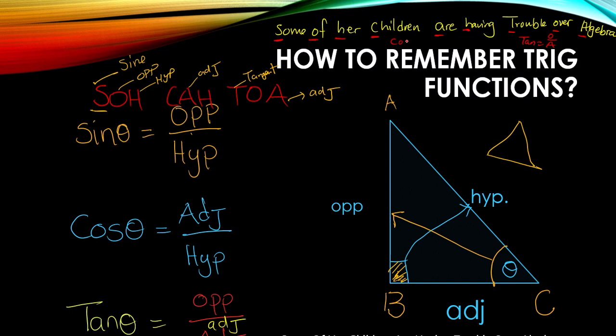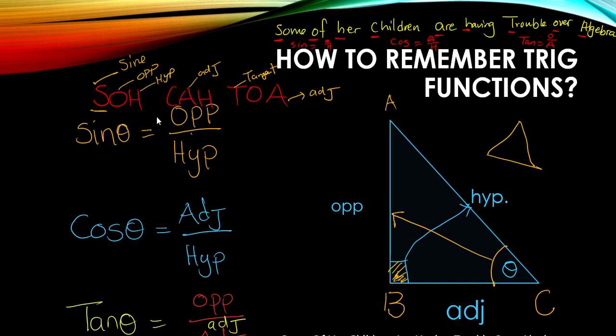Cosine, you just write the word COS, adjacent over hypotenuse. Sine, you just use three letters, SIN. It's not pronounced "sin", it's pronounced sine. Sine is equal to opposite over hypotenuse. Okay, so some of our children are having trouble over algebra.